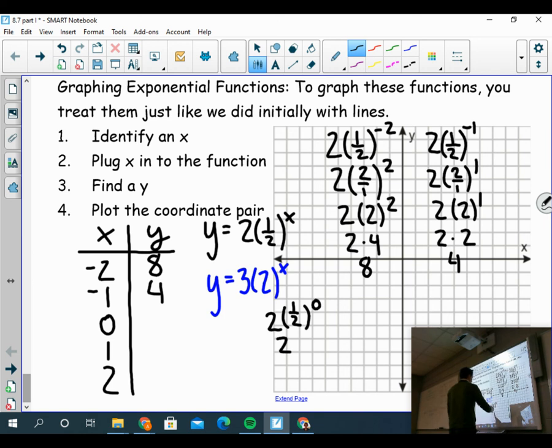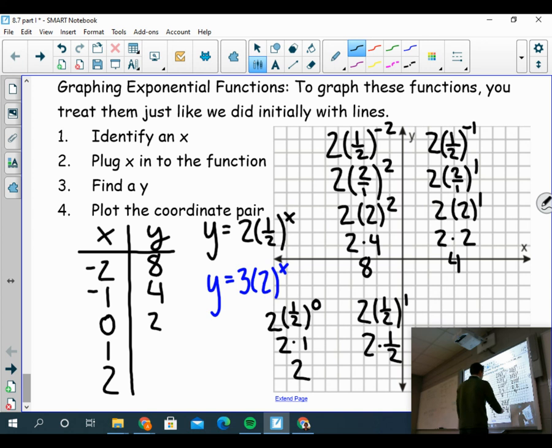Anything to the 0 power is just 1. So we end up with 2. Then 2 times 1/2 is 1. The 1/2 comes from 1/2 to the first power.